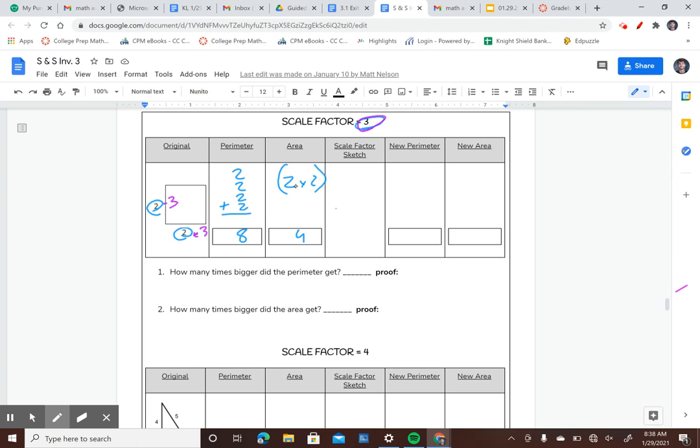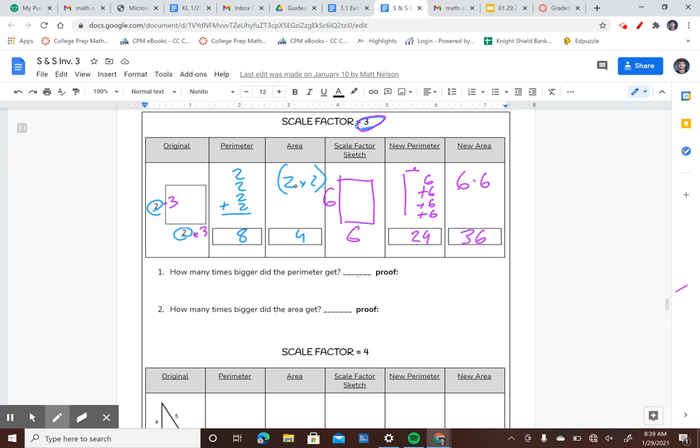All right, so now it's going to turn into 6 by 6. So my new perimeter, if it was 6 by 6, would be 6 plus 6 plus 6 plus 6, which would give me 24. And then we had to do 6 times 6 to get my area.